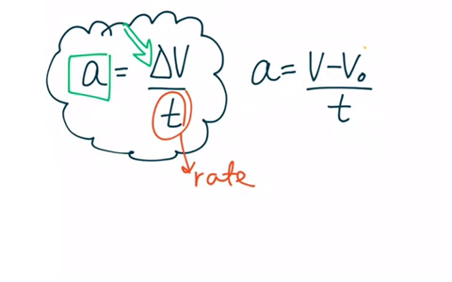And if you take the final minus the initial, you have the delta velocity, or the change in velocity. So really these two equations are saying the same thing. And then what you're doing is dividing by the time interval. And this is how you calculate acceleration. It's the change in velocity divided by time, or it's the rate of change of velocity.